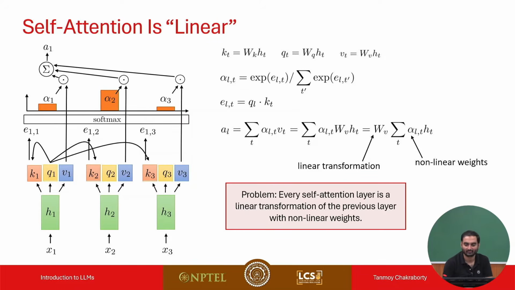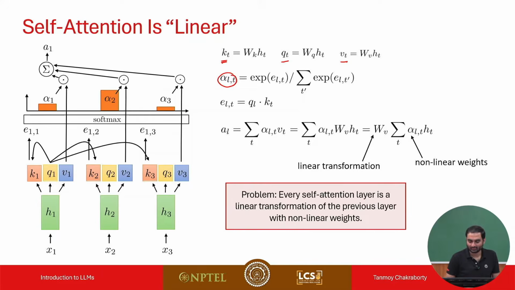We'll show this using one attention head, with WQ, WK, WV. Let's say this is my query Q_t, key K_t, and value V_t.